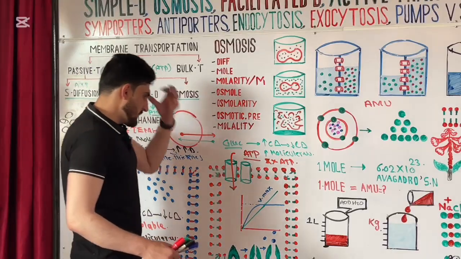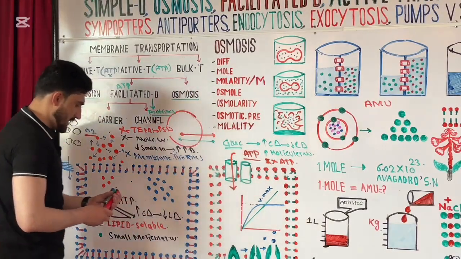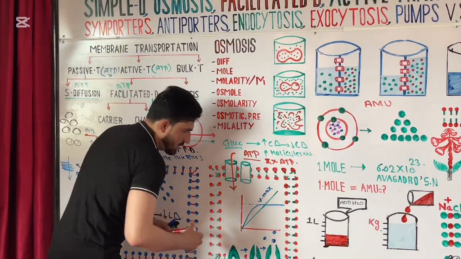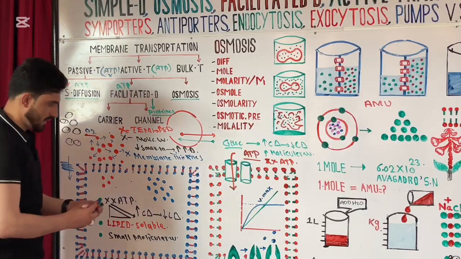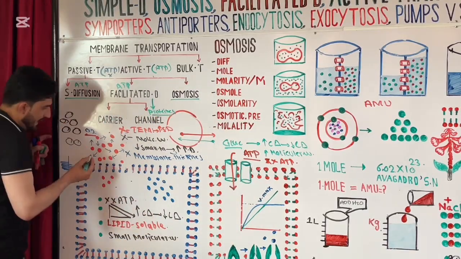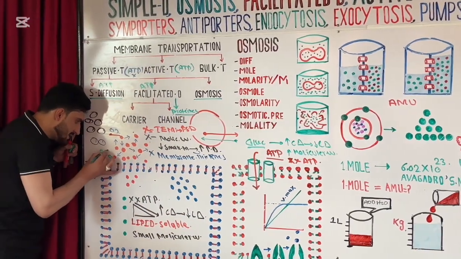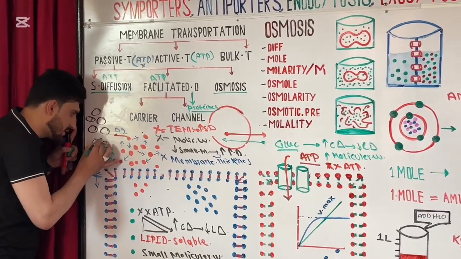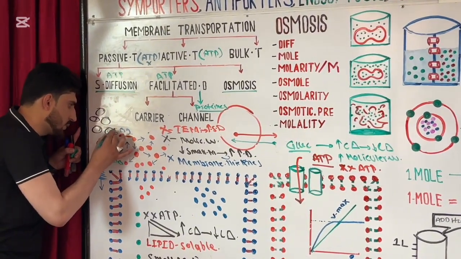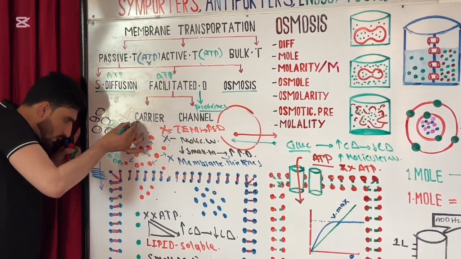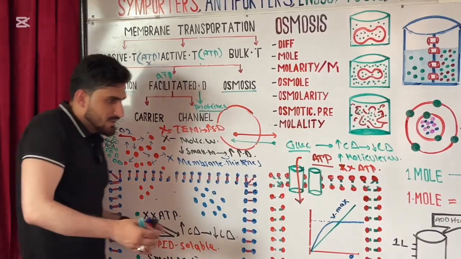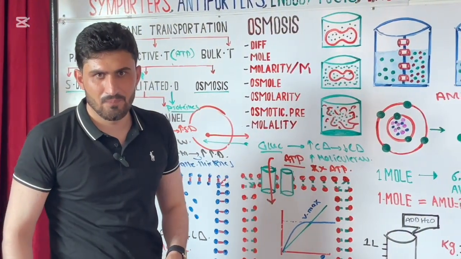The next important difference is the concept of saturation, okay. What is saturation? For example, in simple diffusion, as the amount of substances increases, simple diffusion gets faster, okay.